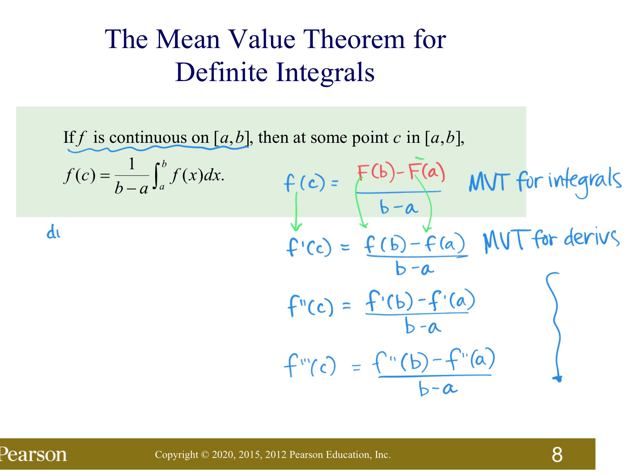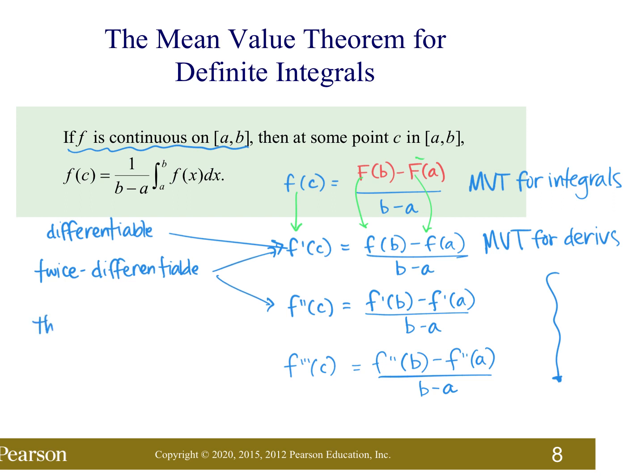We've heard that something could be differentiable, and if it's differentiable, then we've got the mean value theorem for derivatives. But we've also been introduced to the phrase twice differentiable, and twice differentiable means both that one and this one are true.